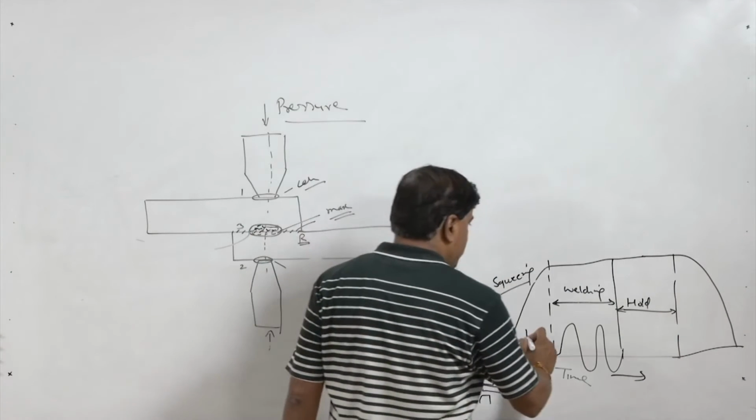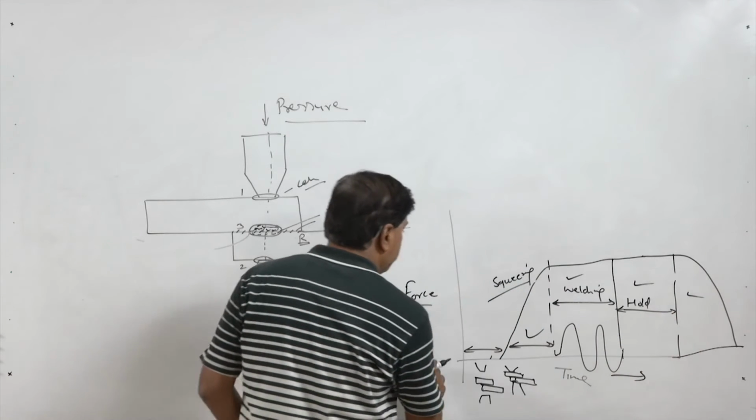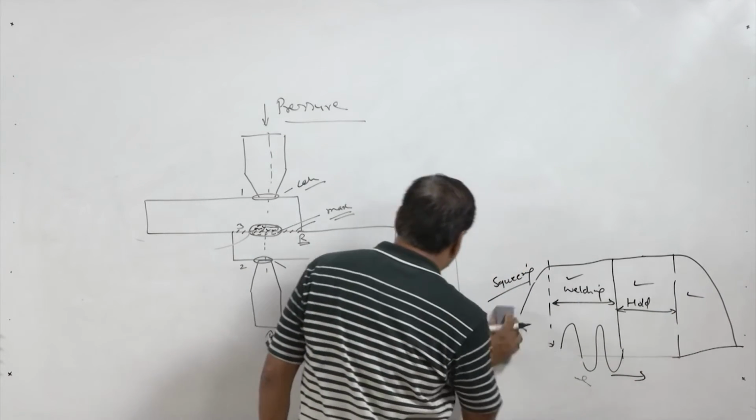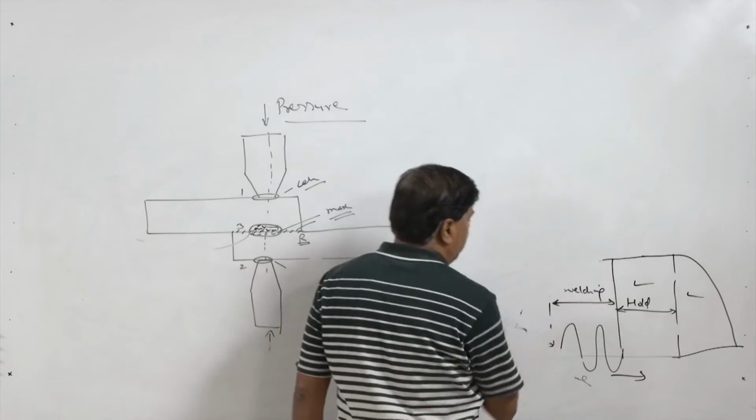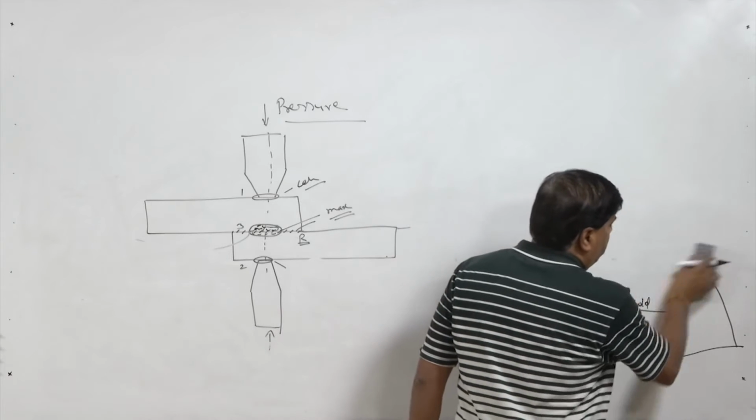So, basically squeezing, welding, holding, and then off. This is the kind of cycle which is followed in most of the resistance welding processes like spot welding and projection welding.